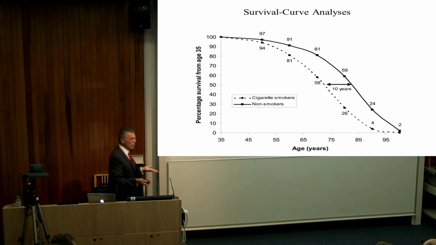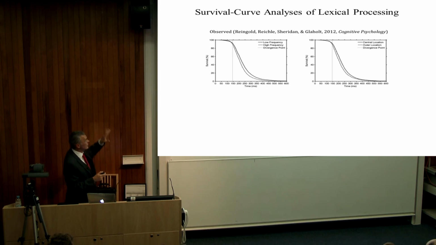So in these experiments that I mentioned with Eyal and Heather, what we did is similar types of analyses looking at the number of, or the percentage of fixations of a given duration as a function of whether a word is high frequency or low frequency, and as a function of whether the fixation that occurred on a word occurred in the inner 1/3, or a central location, the solid line, or the outer 1/3, the dotted line.